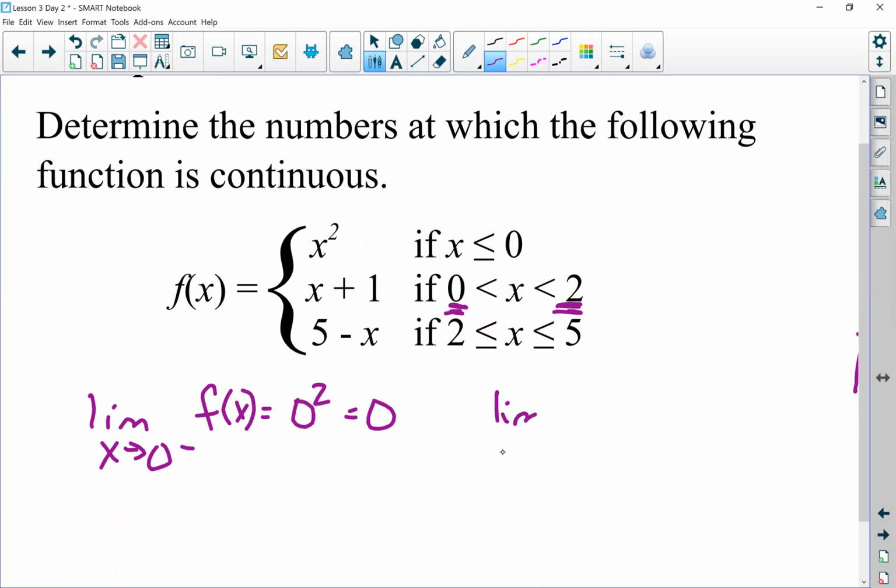If we look at the limit as x approaches 0 from the right, in this case we take 0 plus 1.